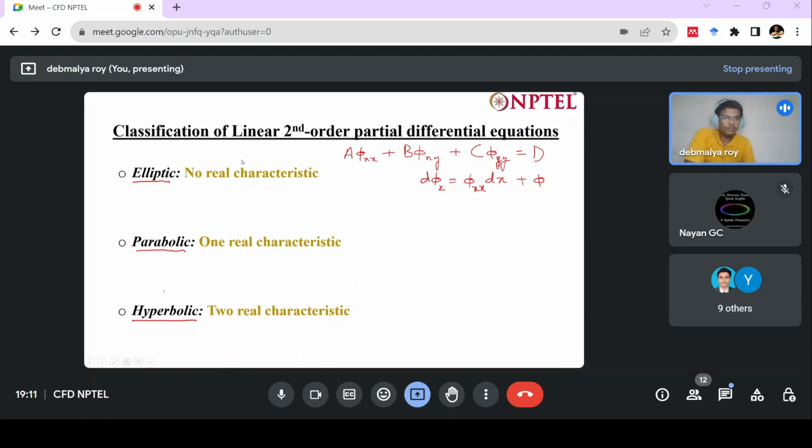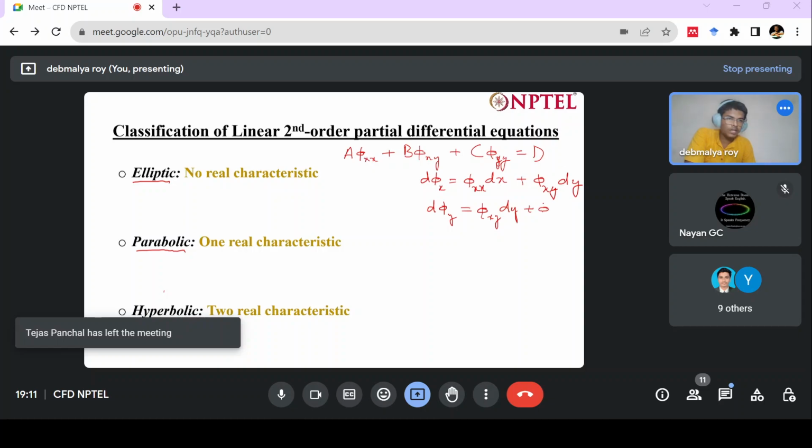So d phi x can be written like this, and d phi y can be written like this.